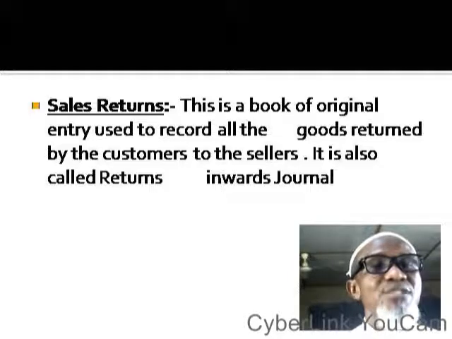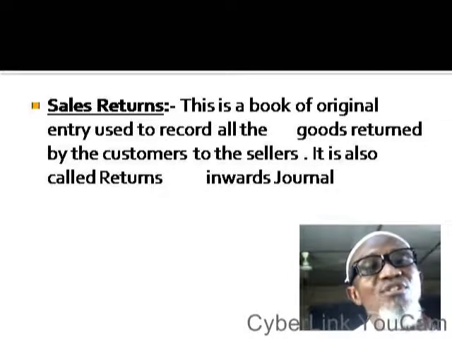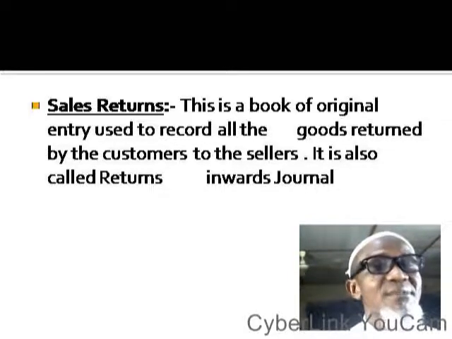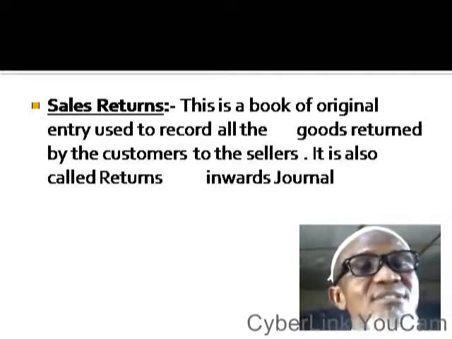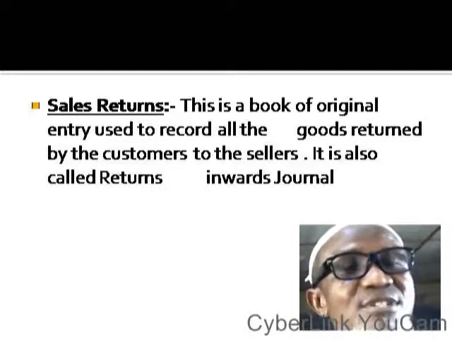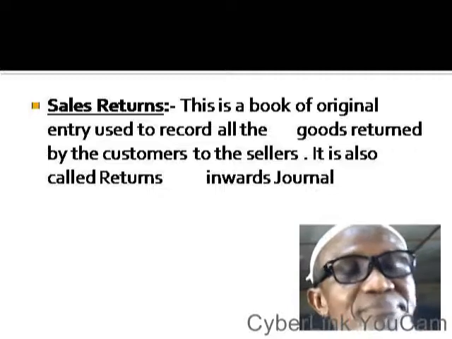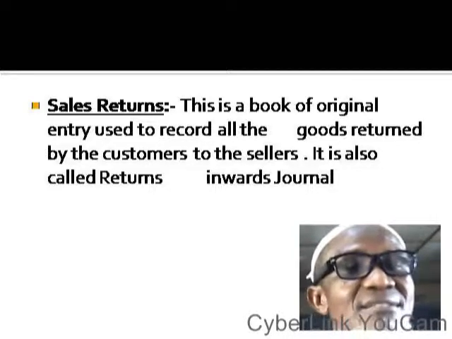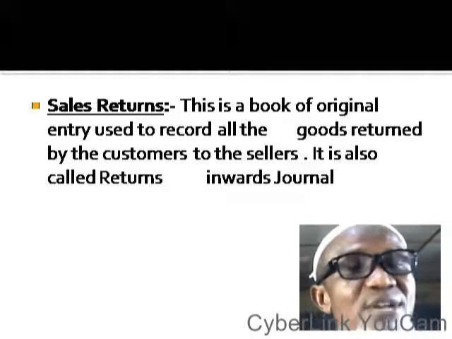For purchase return, it's a book that you use to record goods returned to the supplier. But this one, the sales return, is the opposite, where you have the return of goods from the customer back to the seller.